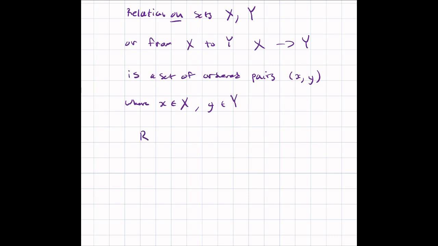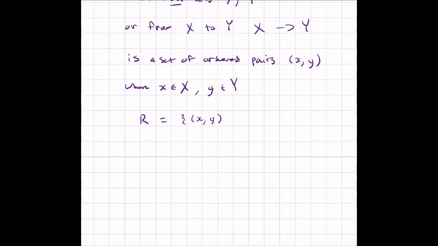R is a relation. It's a set, with the curly set brackets, of values x and y. It's a set of all values x and y, where we sometimes say x R y, to say that x stands in the R relation to y.